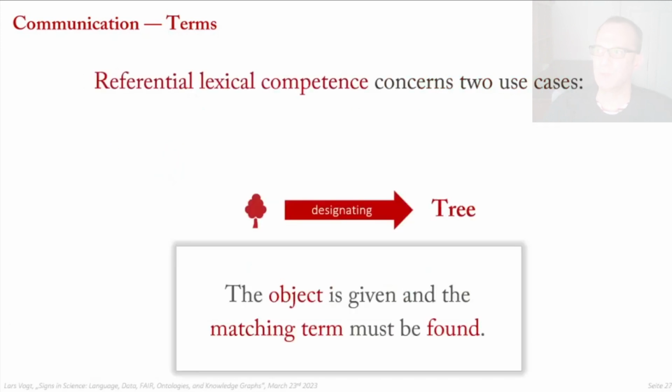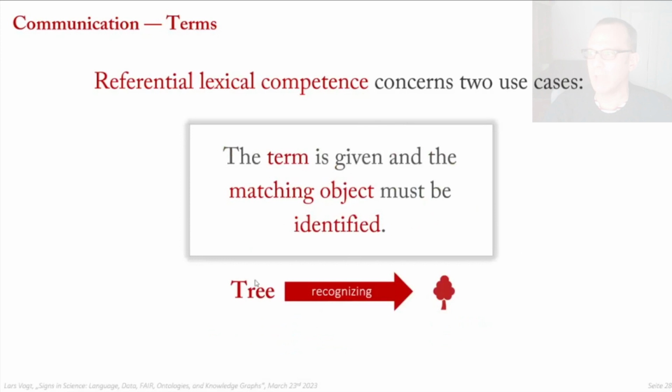We have two use cases for this knowledge, this referential lexical competence. The first is we have the object given, and then we want to find the matching term. That process is then called designation. Or we have the term and we want to identify the matching object.